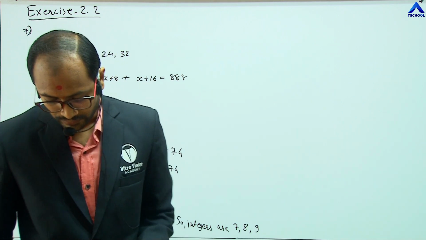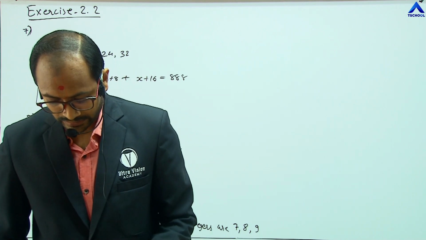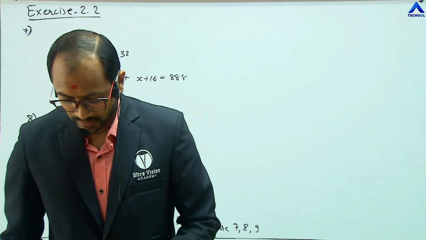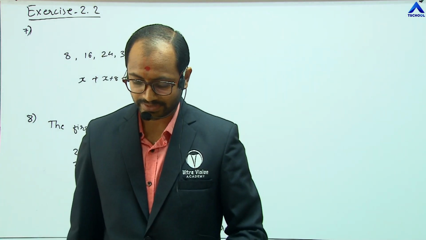Now question number 9, the last question of your homework. Ages of Rahul and Harun are in the ratio of 5:7.